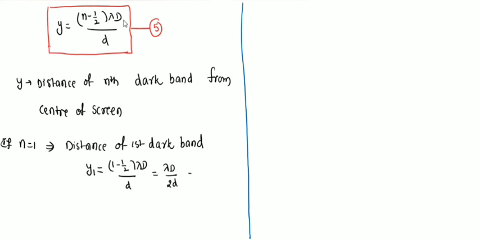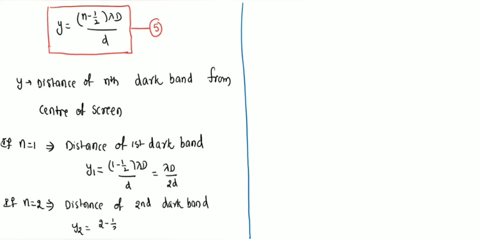If n is equal to 2, you substitute, you will get the distance of the second dark band from the center of the screen. Finally, we will get 3 lambda capital D by 2d.